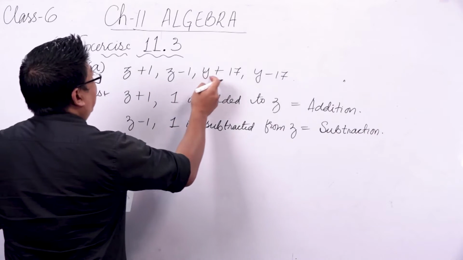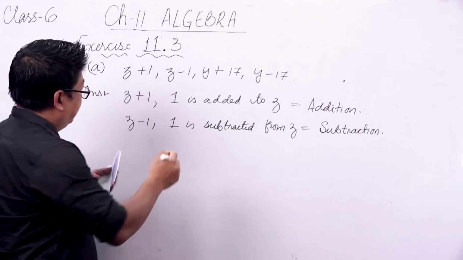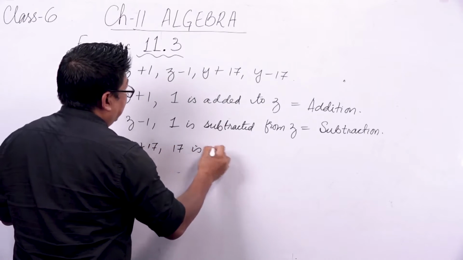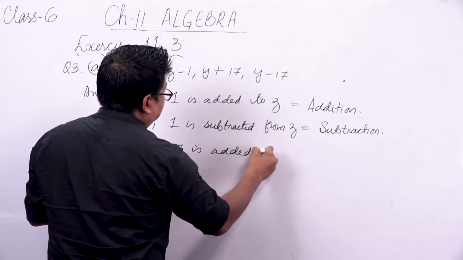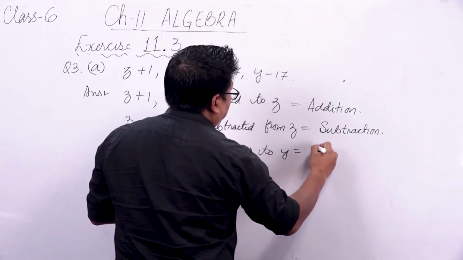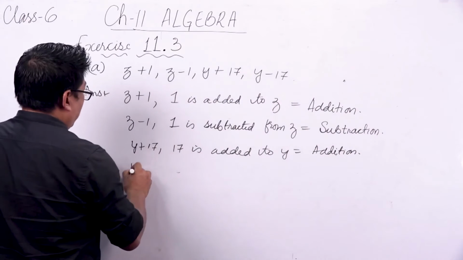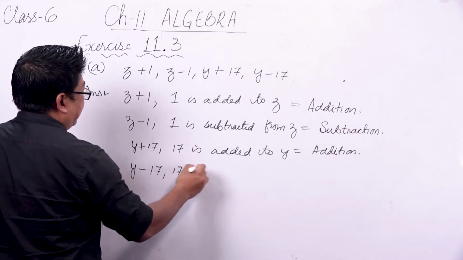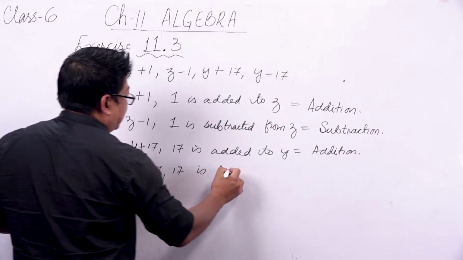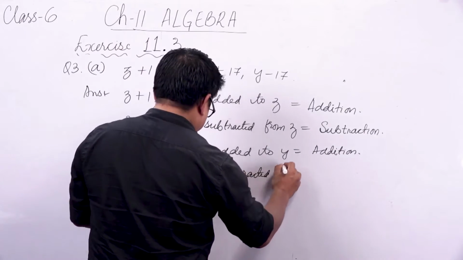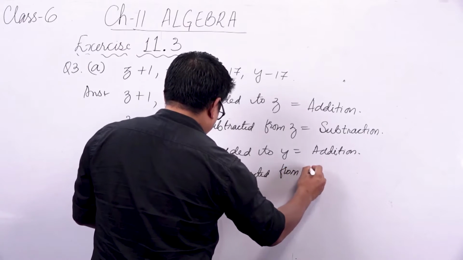Then similarly, y plus 17. 17 is added to y. Same thing, addition. Y minus 17. 17 is, since it is minus, subtracted from y.